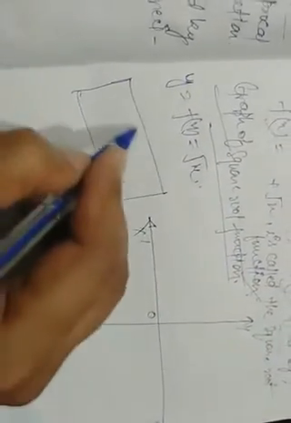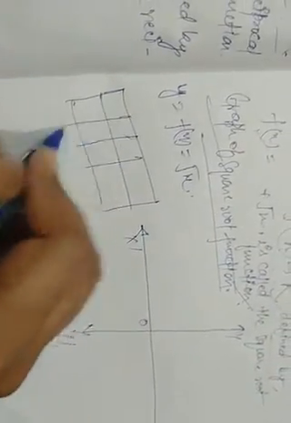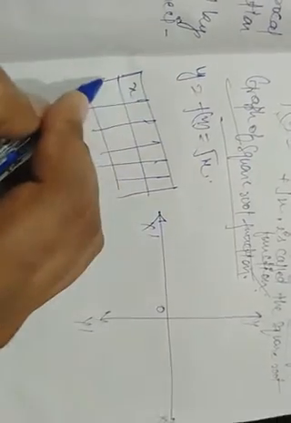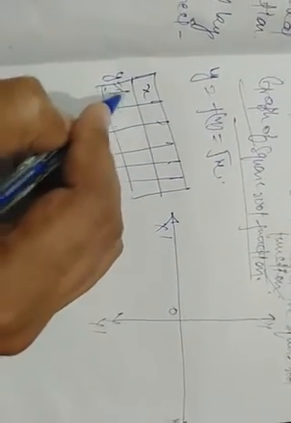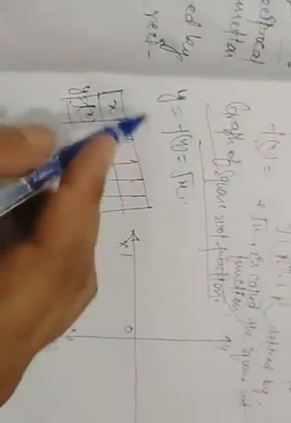If we make some tabulation in this way, then what do I get? Here x, here y, that is f of x. If we put x is equal to 4, then f of x is equal to 2.